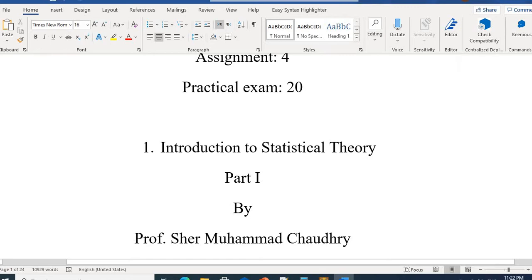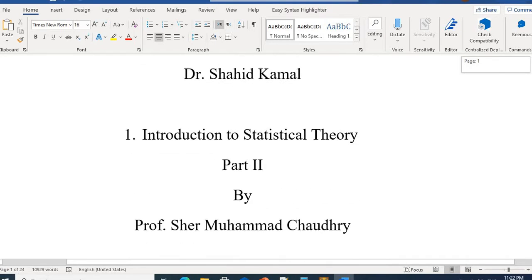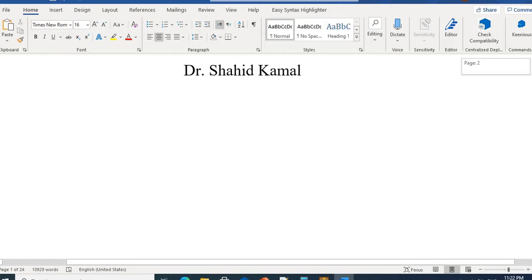The books which we will consult during the semester are given here. Introduction to Statistical Theory Part 1 by Professor Sher Mohammad Chaudhary and Dr. Shahid Kamal, and Introduction to Statistical Theory Part 2 by Professor Sher Mohammad Chaudhary and Dr. Shahid Kamal.